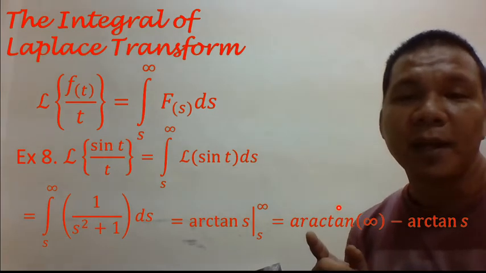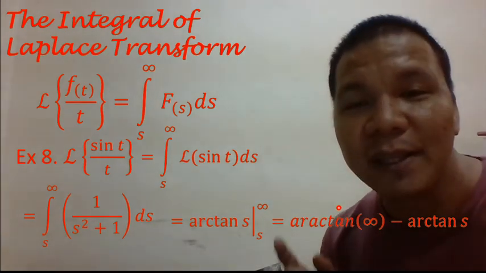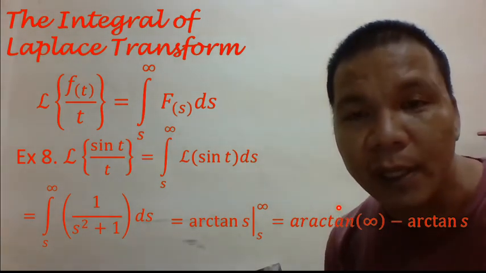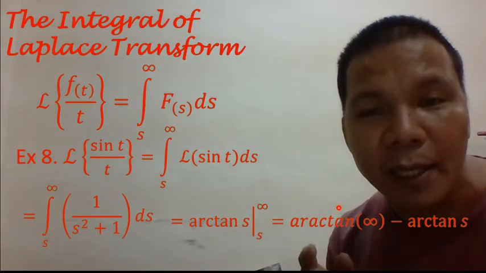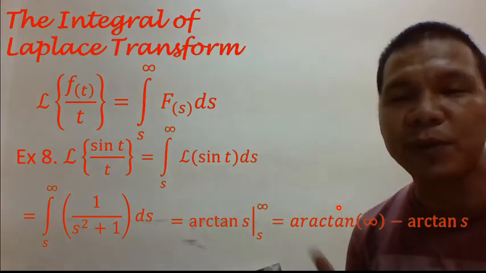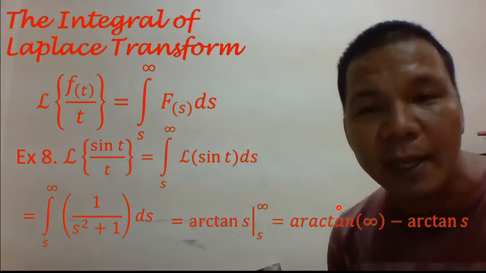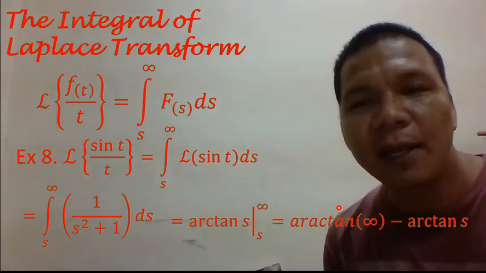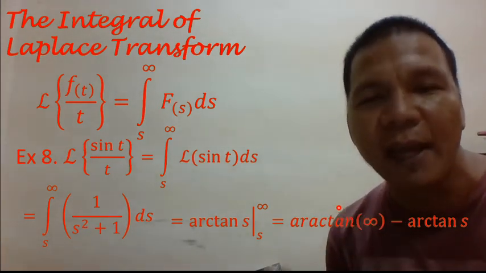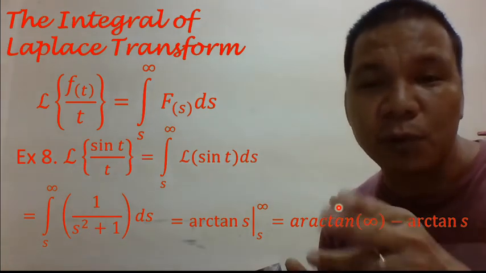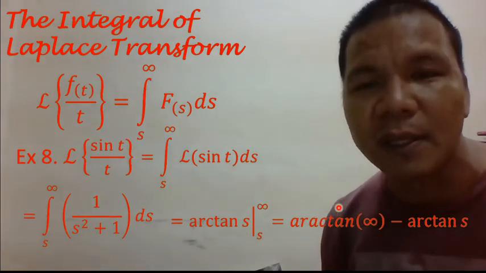Now, take note that the arctangent of infinity is just pi all over 2. Try to use your calculator. Take the tangent of pi over 2, and it will give you infinity.